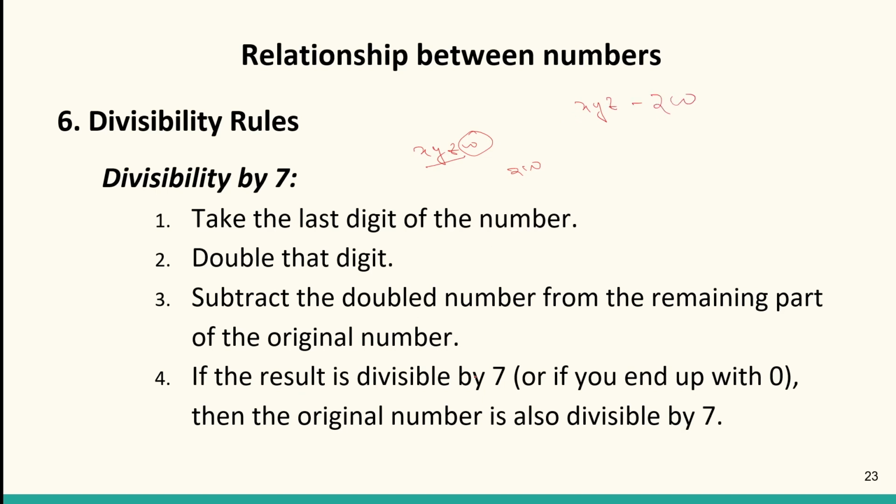If the result is divisible by 7, or if we end up with 0, this term, star, is equal to 0, then the original number is also divisible by 7. Then we can say that this is divisible by 7.